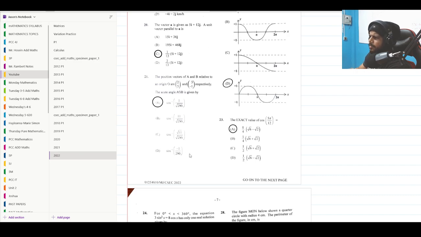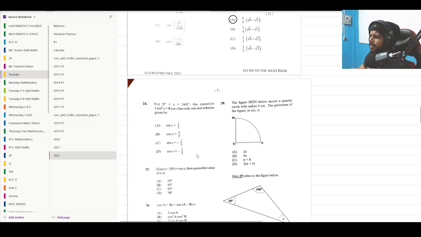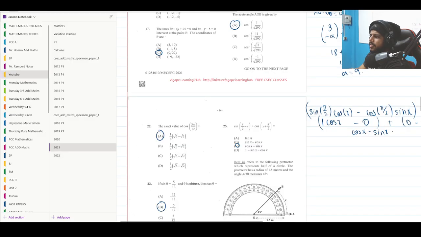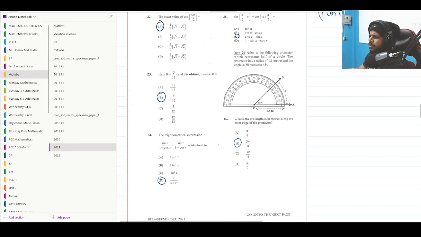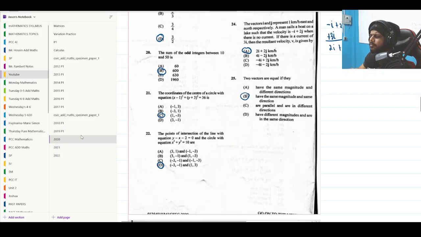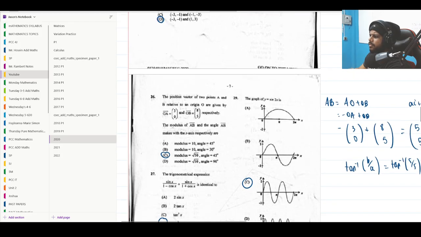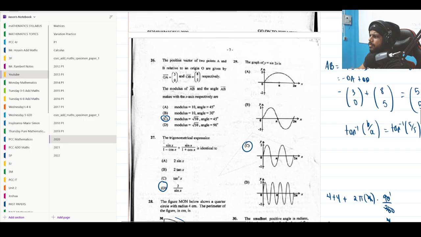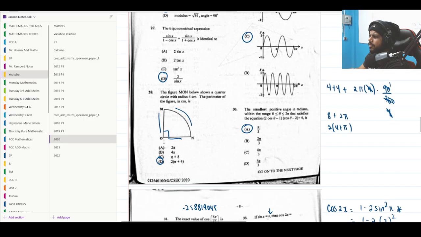Oh wow, nice circle, nice. The equation has one real solution given by, this is another repeat. Okay, it wasn't from here, but from the year before that.